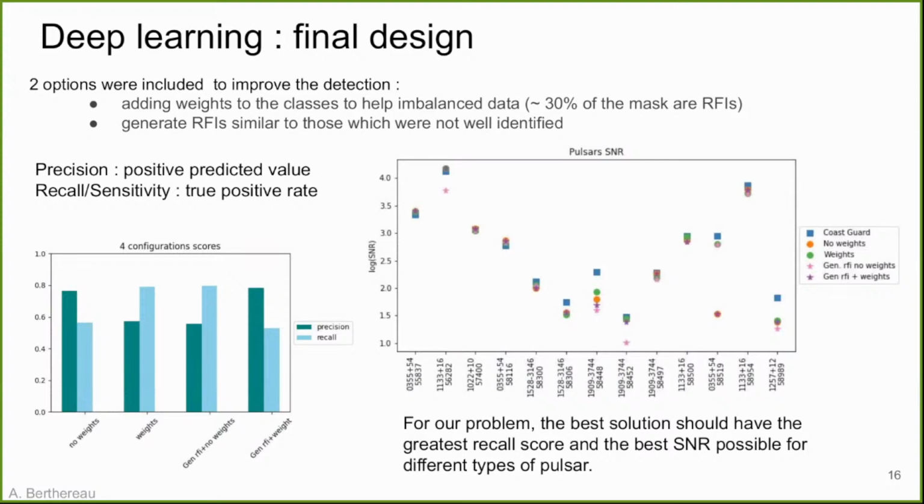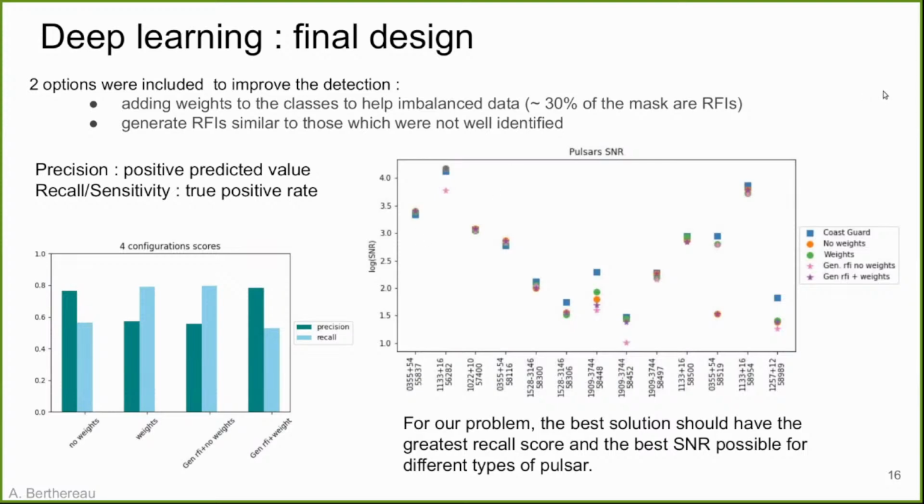So we will use the best recall score. So that was for the configuration with generated RFI but no weight. And from these two different configurations, we then checked the signal to noise ratio for some pulsars and at different observation dates.